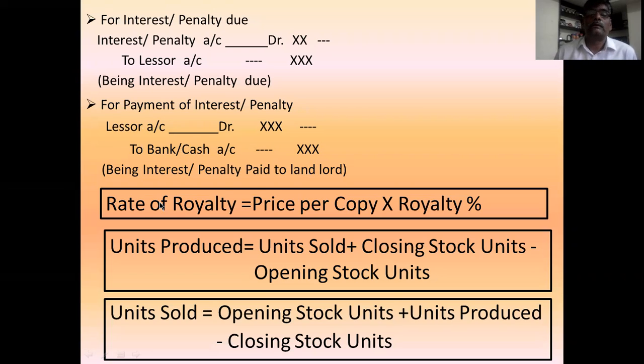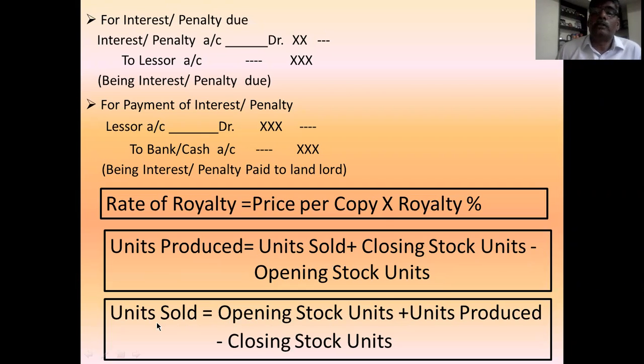Rate of royalty is equal to price per copy into percentage of royalty, which you apply when the rate of royalty is expressed in percentage. When the number of units is not given in the problem, you apply this equation: units produced is equal to units sold plus closing stock units minus opening stock units.